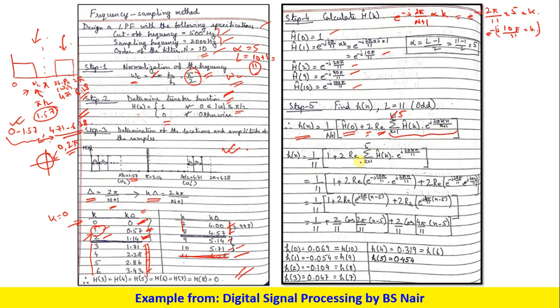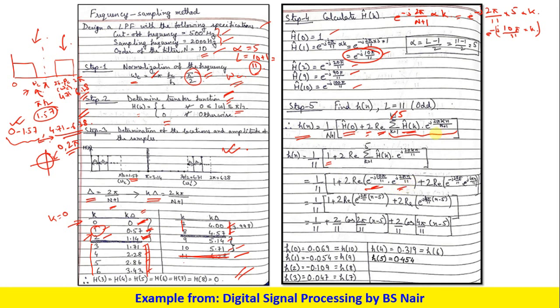If you come over here, h to the power 0 is 1. Then we are having 1 and 2. So when k is 1, h cap 1 is multiplied by e to the power j pi n by 11, because k is equal to 1.